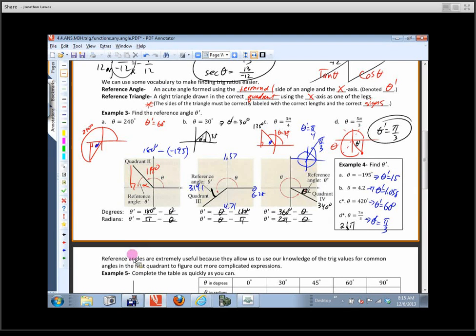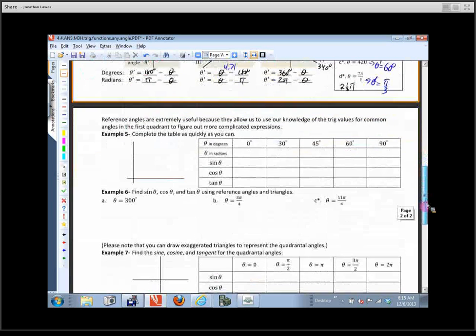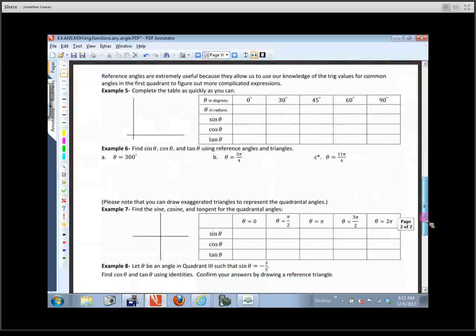Remember, a reference angle is always a positive acute angle formed with the terminal side and always the x-axis, never the y-axis. I suppose if you wanted to invent your own branch of math and your own conventions, you could do it with the y-axis, but it's done with the x-axis here. Any questions there?